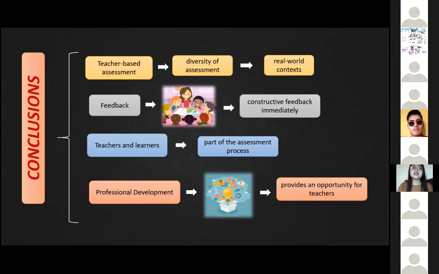Teachers and learners become part of the assessment process, and knowledge sharing can take place within and also across schools. And professional development: it provides an opportunity for teachers to build their assessment skills and try to transmit their knowledge to the students. And those were the conclusions.